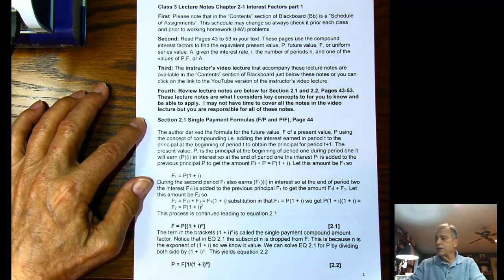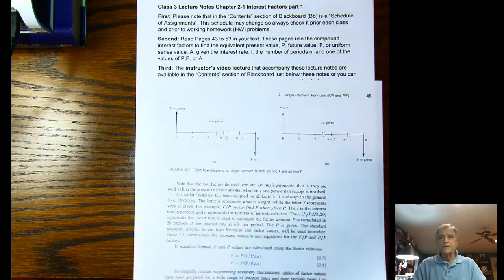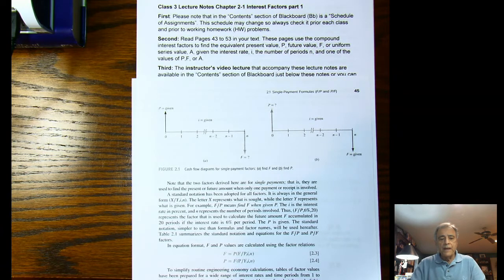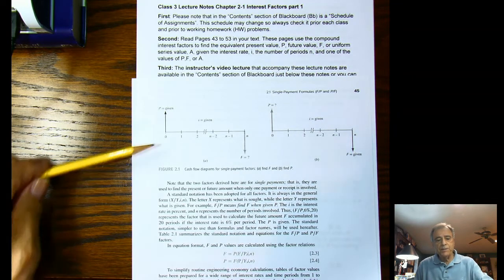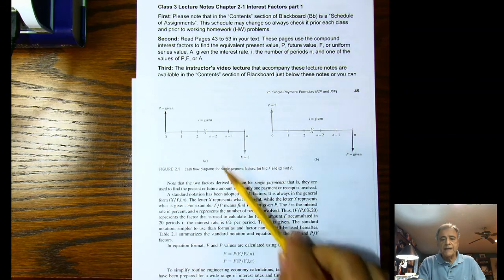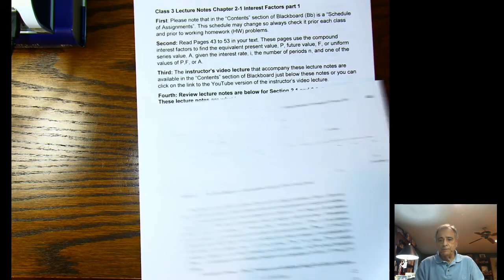The author shows you a couple of figures here. This is page 45 in your textbook. And he shows you if you're given a P, then you can find an F. And if you're given an F, you can find a P. Basically, this is called a cash flow diagram for that situation.